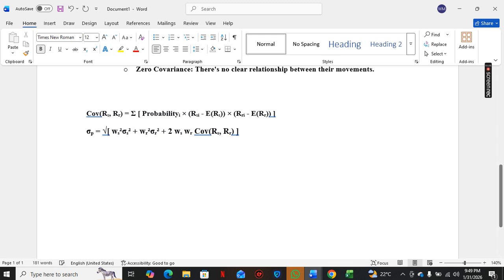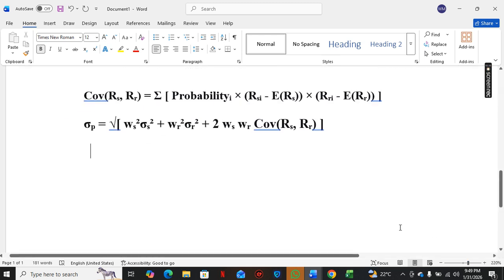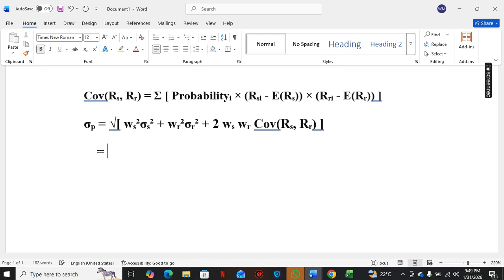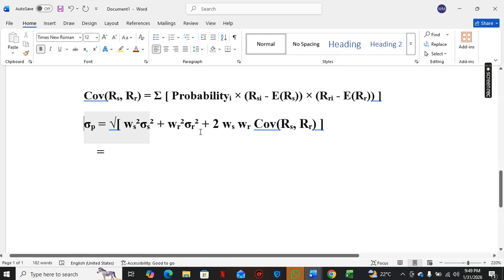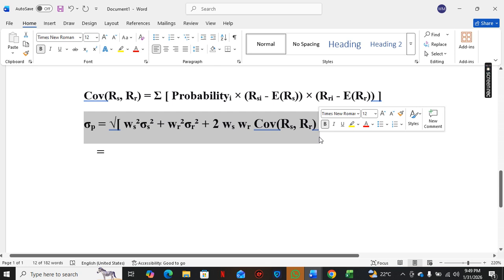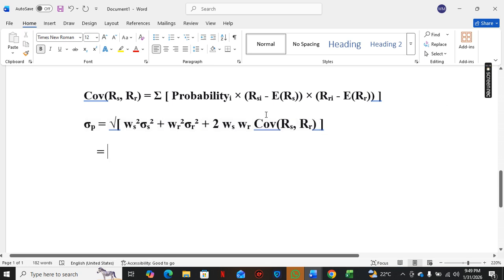In English, what this formula is saying, because it's in Greek here, let me translate it into English.